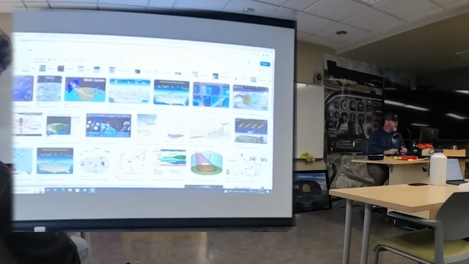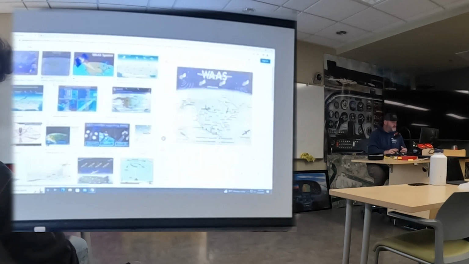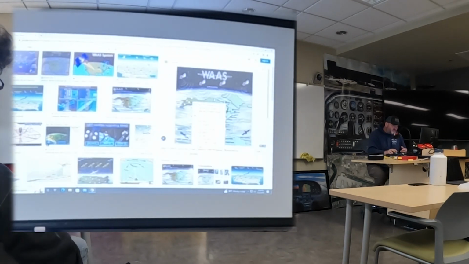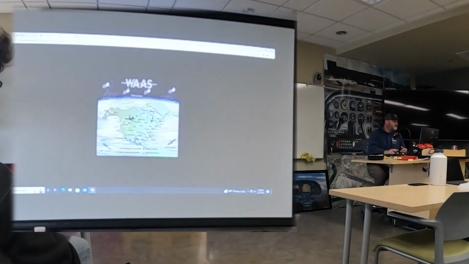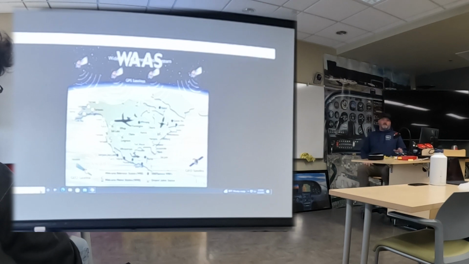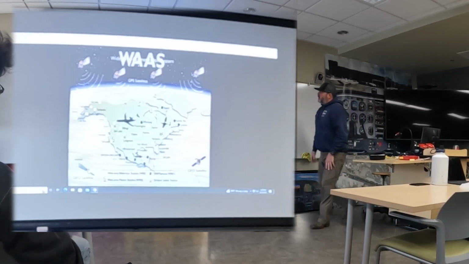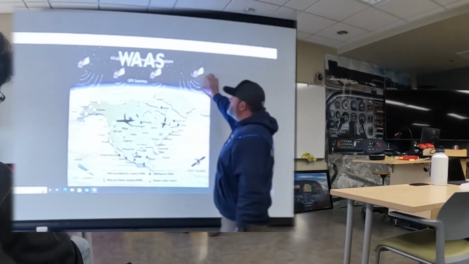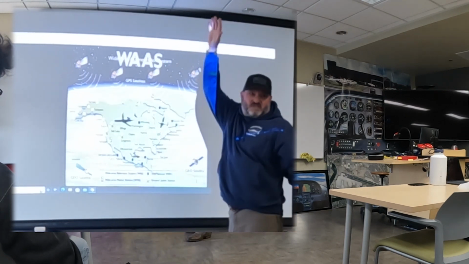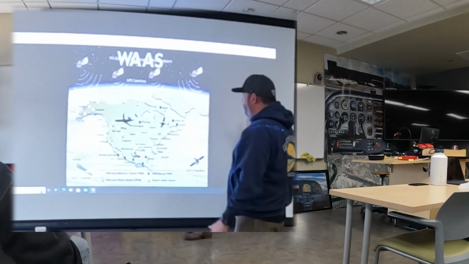Here's the WAAS system. You find a good picture that kind of satisfies it all. So, GPS satellites in orbit. It's called the constellation. They're going around the Earth.